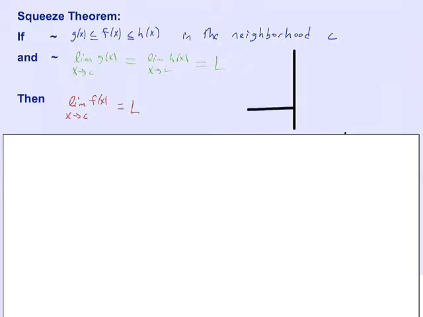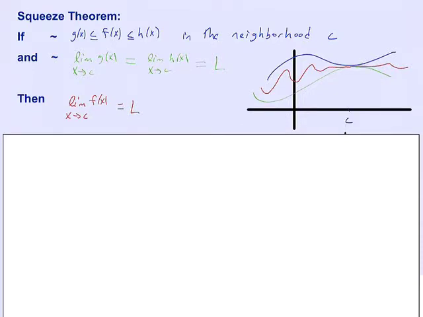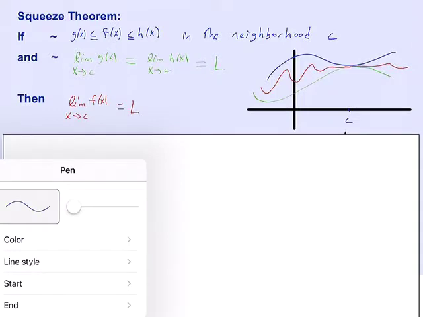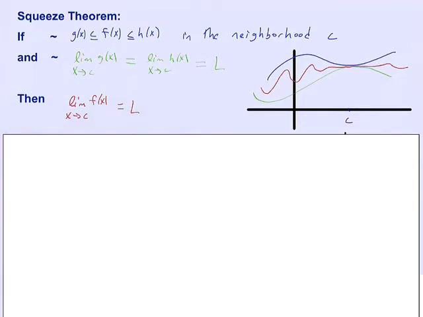What the rule says, I'll draw a little diagram for it, is if you have three functions, g of x, h of x, and f of x is always in between the two, and then at some point C, labeled here on the x-axis, you can see that the green function and the blue function both have the same limit here.